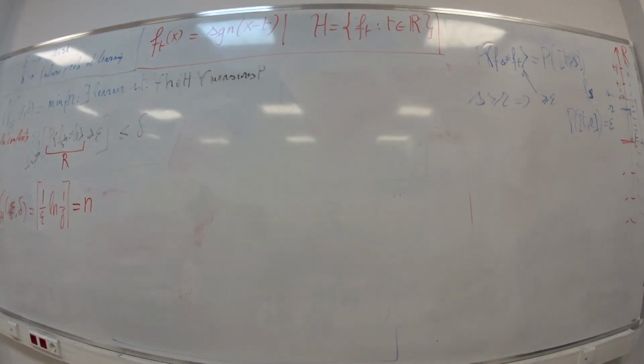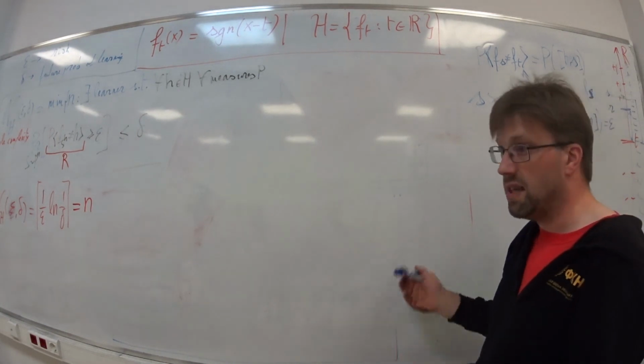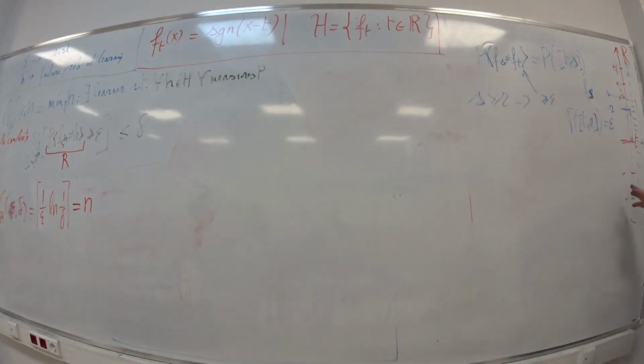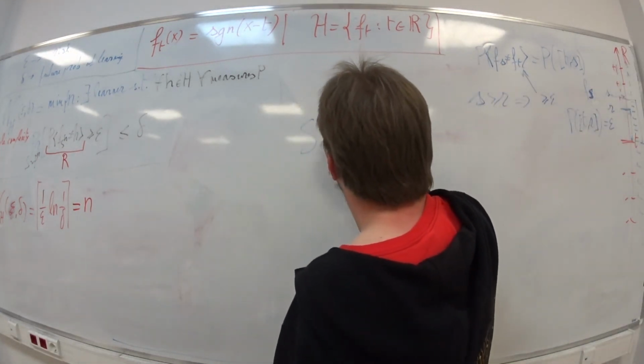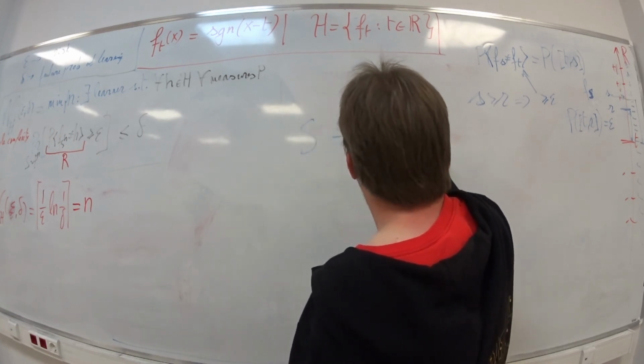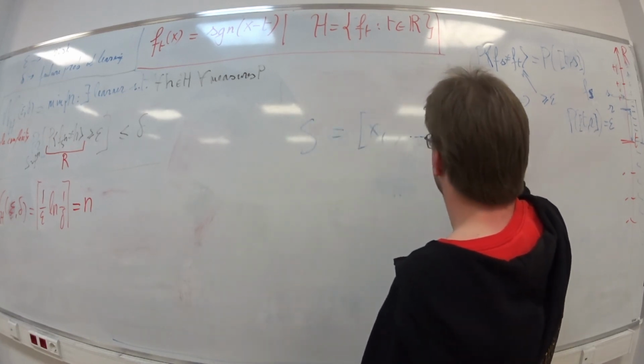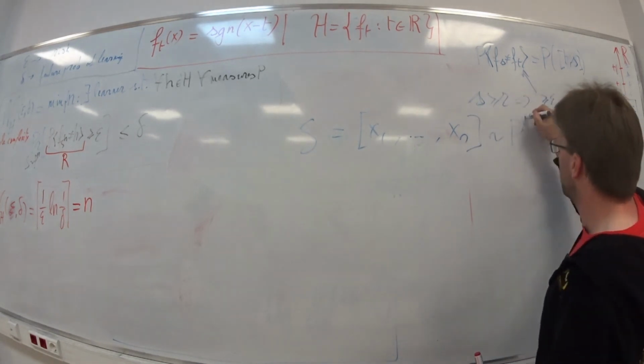Okay, so now we take n samples and we have to bound the probability that none of them is in the interval Tr. So now we select S, x1 till xn, from Pn.